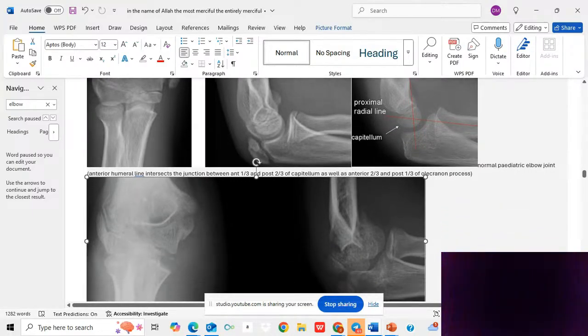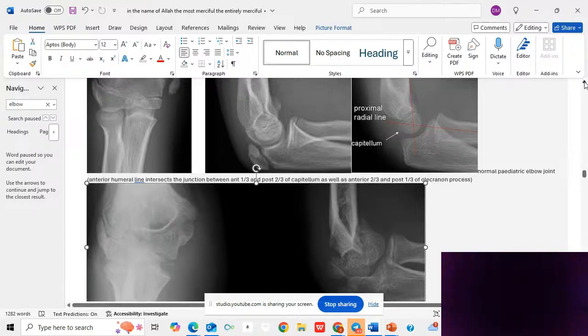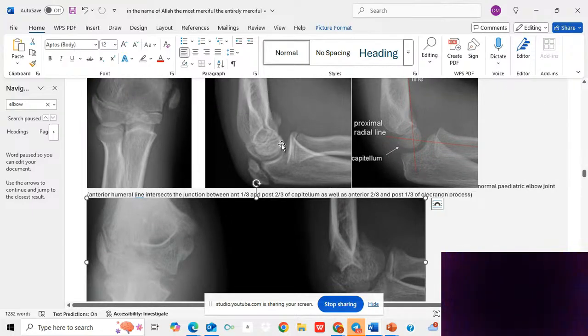Okay, let's see the fracture on the lateral X-ray. If you go like this, there's no fracture here. If you go like this, there's a fracture here. There's a supracondylar fracture here. And if you go here, another bony defect. It's continuous here. There's a defect here, so it's a supracondylar fracture.